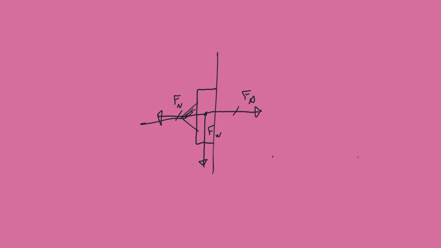Okay. Now, if we wanted to figure out if our book started to slip down the wall, we would need to figure out that force of friction. So let's say for now that the force of the weight does not break the force of friction. And so these two will be in equilibrium. Notice that in this case, the thing that causes the force of friction is the force of gravity pulling my book down.